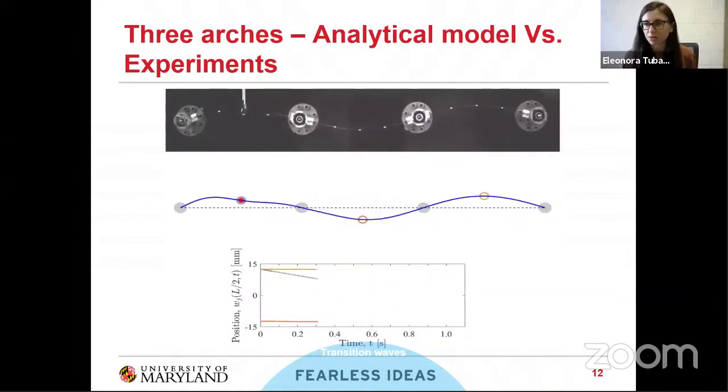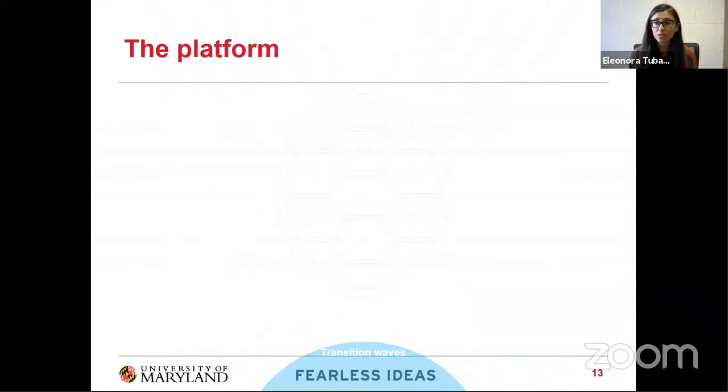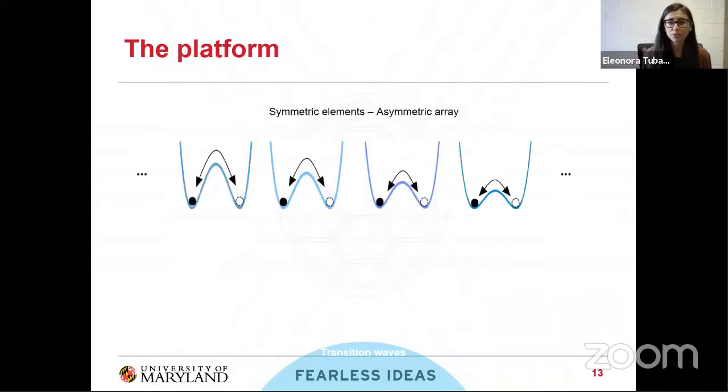So once we have this powerful numerical and analytical tool, we say, okay, now we can start getting more creative. Remember, we had the issue that our signal was stopping after a certain number of elements because of dissipation. So now what if we put symmetric elements, but this time we introduce an asymmetric array.